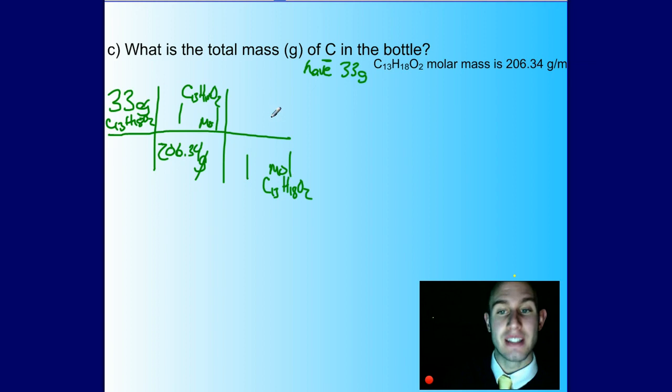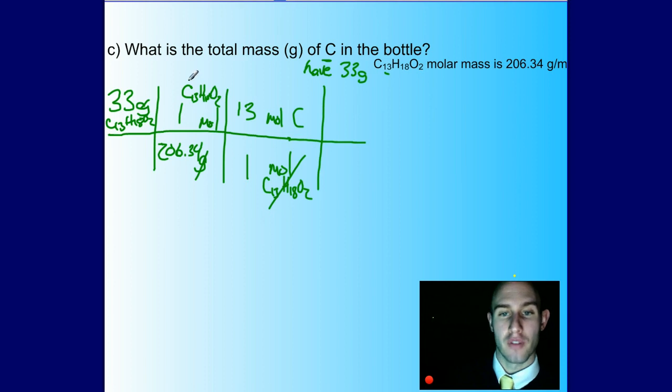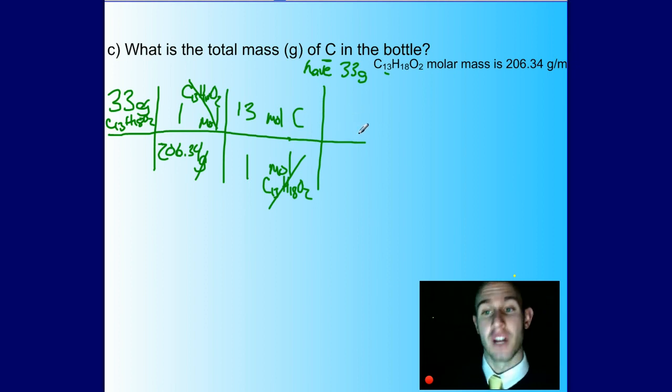And then how many moles of carbon are in that compound? This is the mole ratio. I have 13 carbons in one compound, the subscript 13. That's my mole ratio. So I use that to cancel out my compound of ibuprofen, and now I'm in moles of carbon. Now it's just a mole to gram conversion of an element, which you've done many, many times.